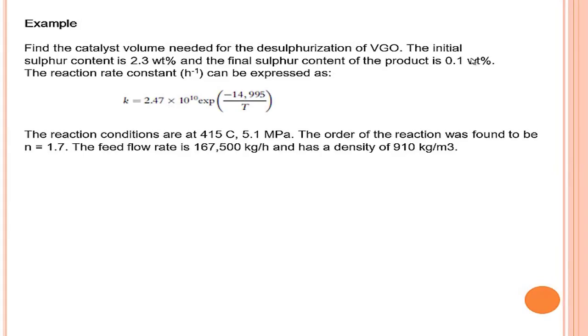In order to do this, we should know what kind of rate expression it is. What the question gives is that the reaction order is 1.7, and the rate constant is given as a function of temperature here.